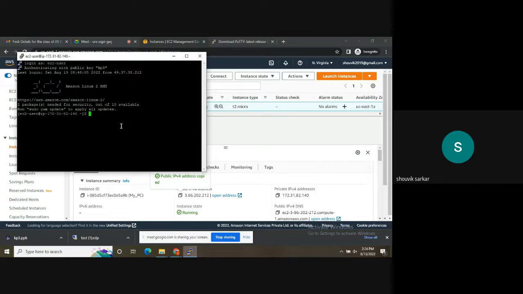This time we want to install, in this Linux space, an HTTP server. Last time we used the IIS server.